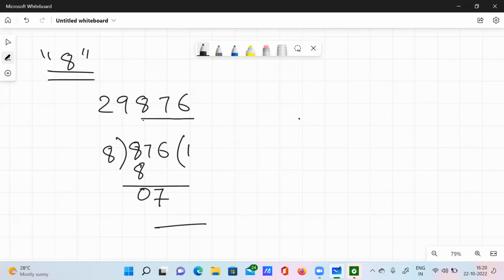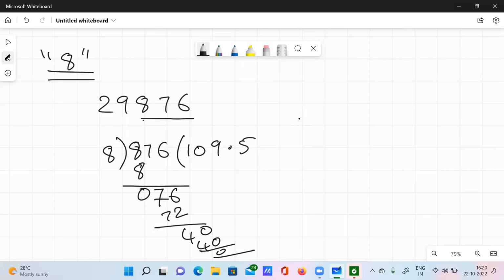It's less than 8, so you can put 0 here and take the 6 here. So 8 nines are 72 here. Now 4, if you keep 0 here, so you'll get 0, and 8 fives are 40 here. Yes, so it's actually getting divisible by 8 here.